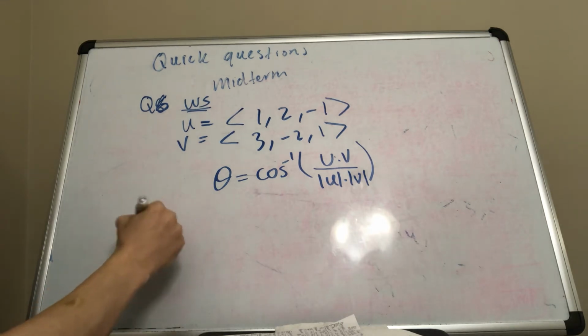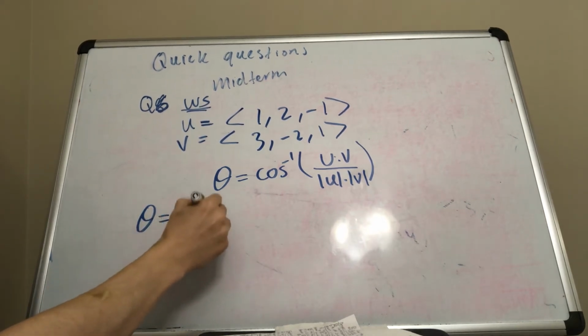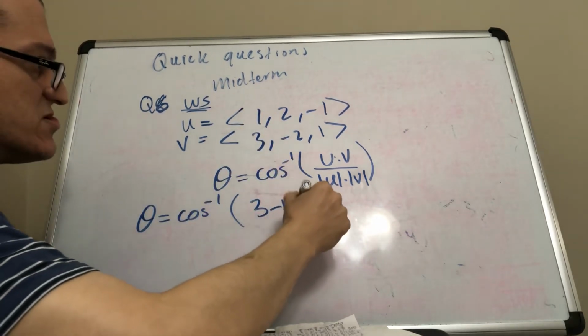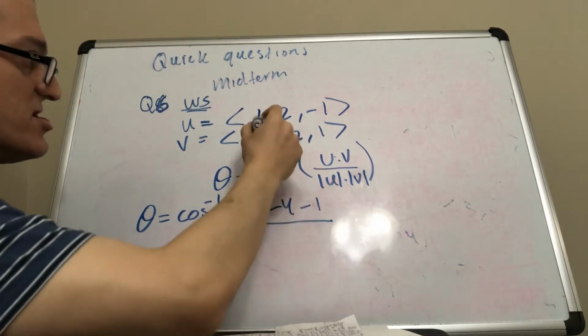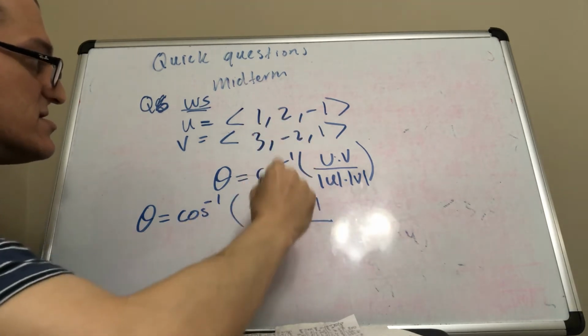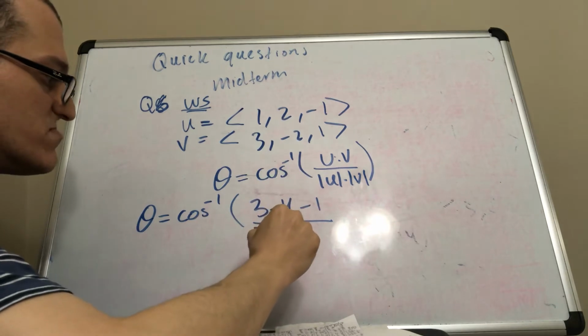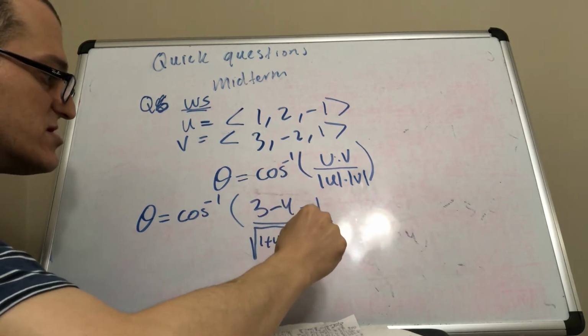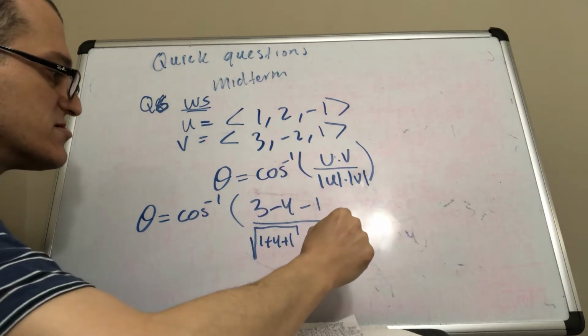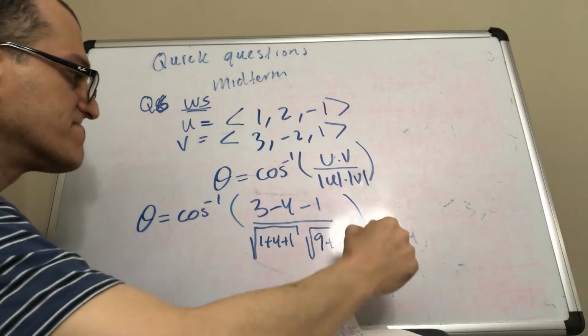The dot product will be 3 minus 4 minus 1. Magnitude of the first one is 1 plus 4 plus 1. Magnitude here, you square the first, you square the second.